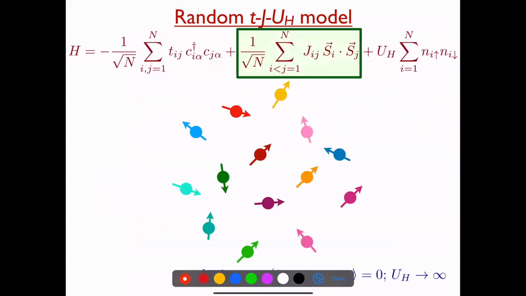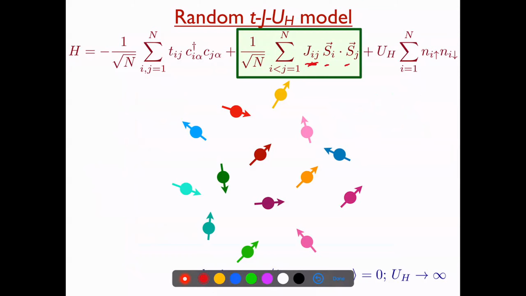If you increase it even further, then you have exactly one electron per site. In that case, the only part of the Hamiltonian that will be active is the exchange interaction. This is exactly like what's called the Sherrington-Kirkpatrick model for a spin glass, but now with spin-half spins, not classical spins.